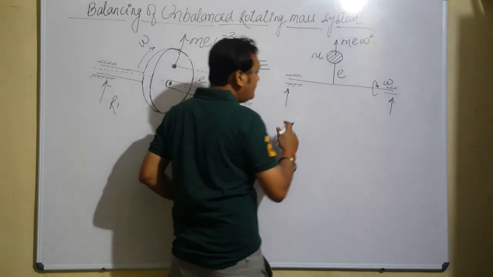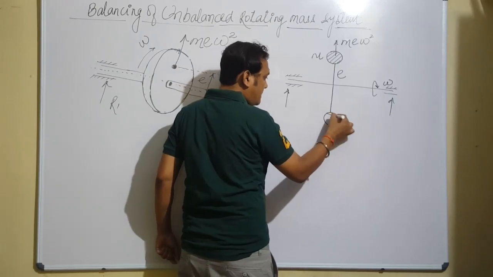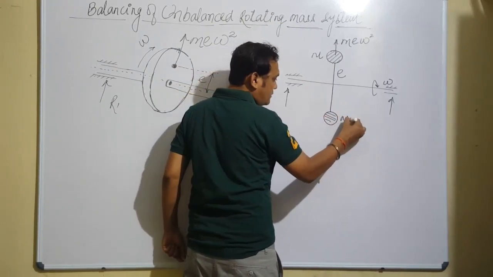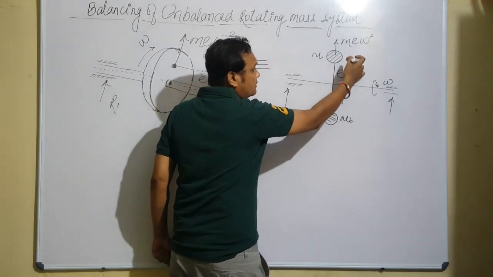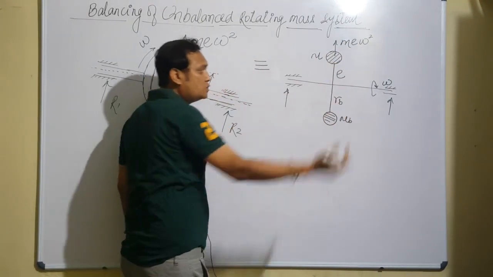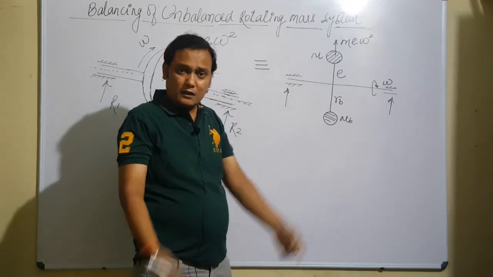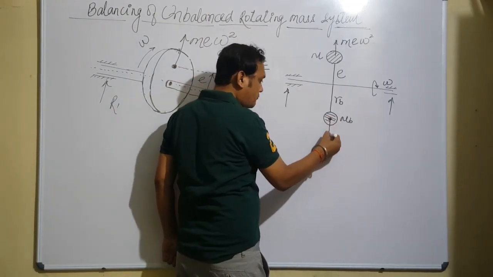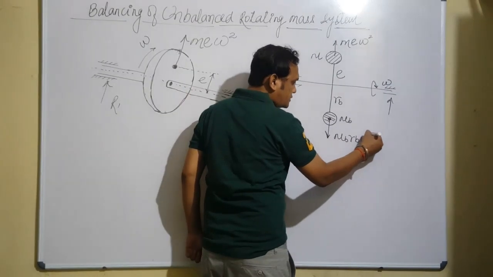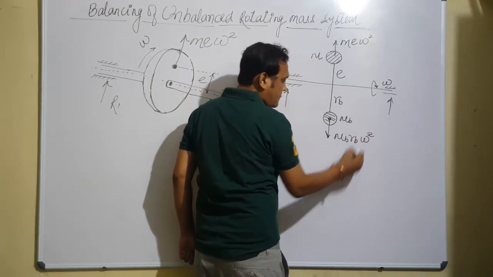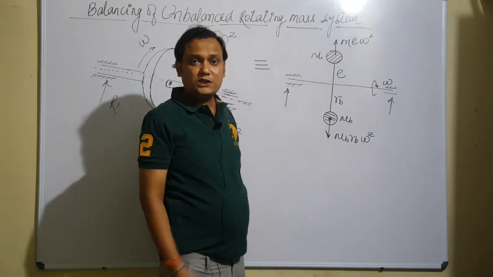So just imagine if we attach a balancing mass mb at a radial distance rb from the axis of rotation, 180 degrees opposite to the unbalanced mass, in the same plane, in such a way that the centrifugal force produced here, mb rb omega square, and the two centrifugal forces will nullify each other.